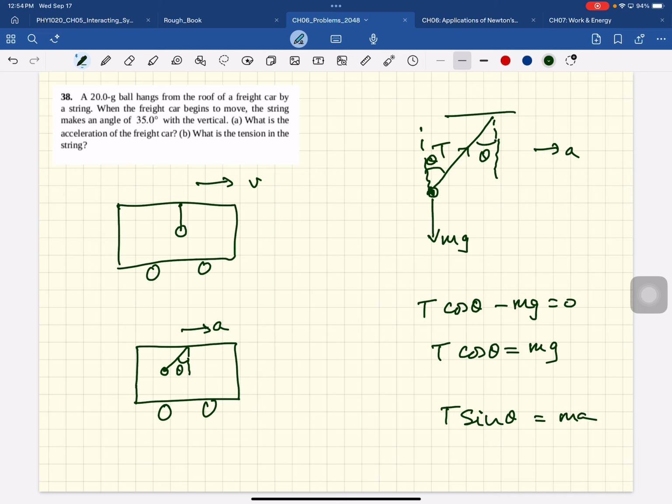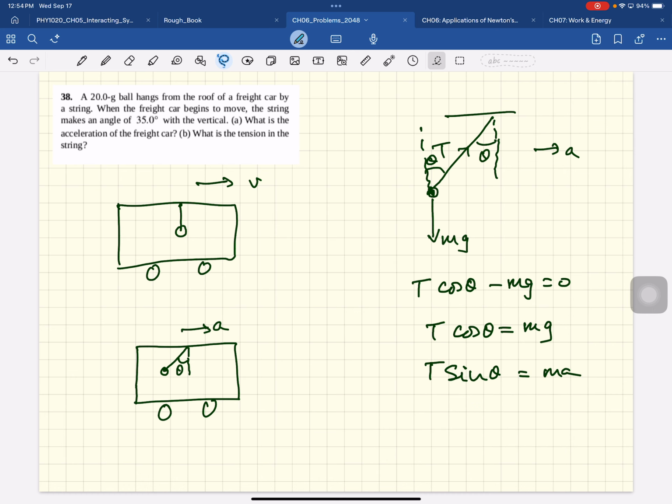So if you divide this equation by that equation, then you get tan theta equal to a over g.